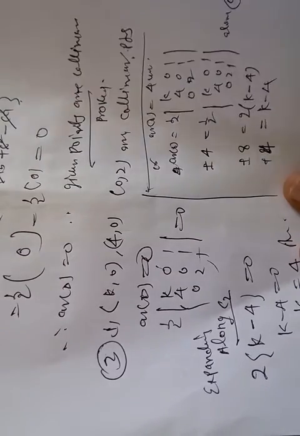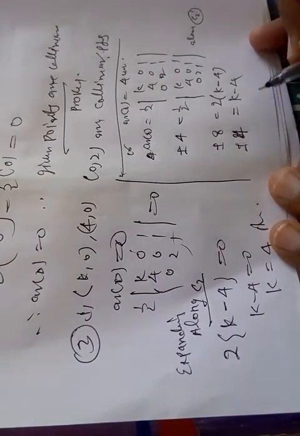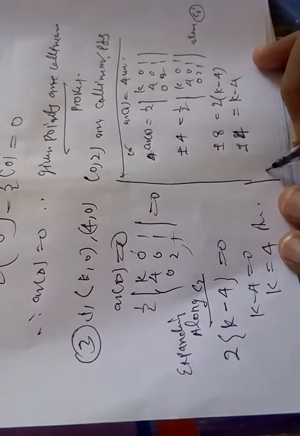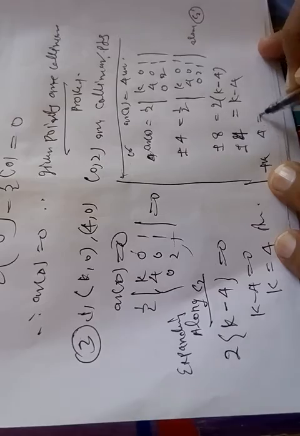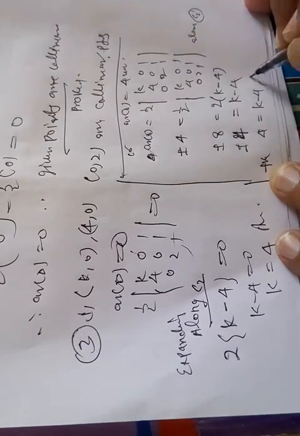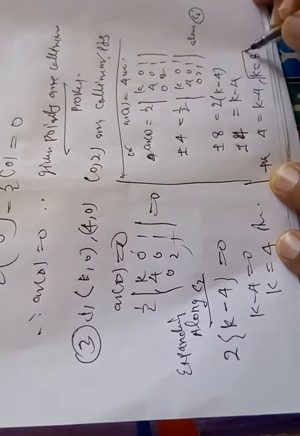Taking the positive value, 4 equals k minus 4, so k equals 8.